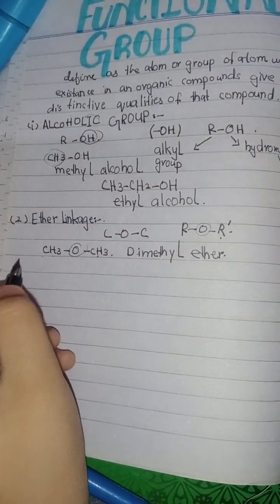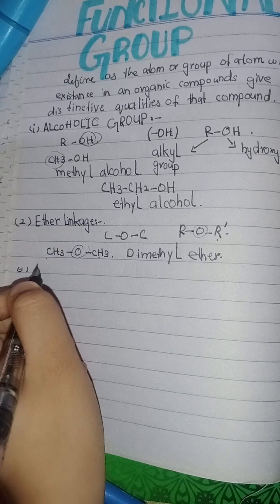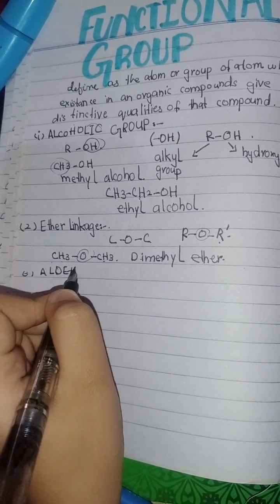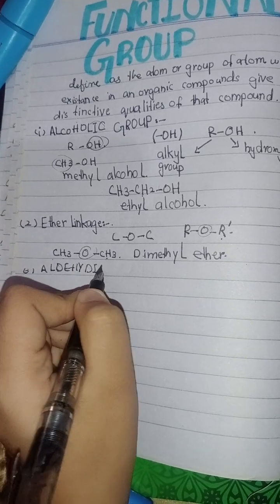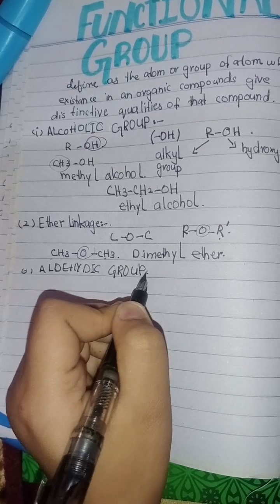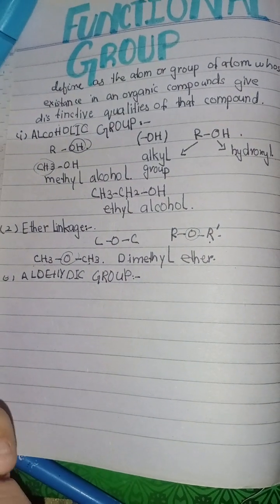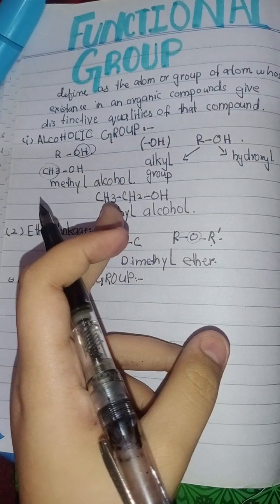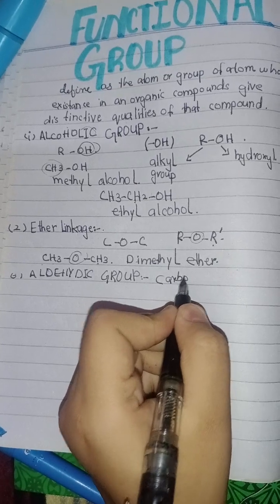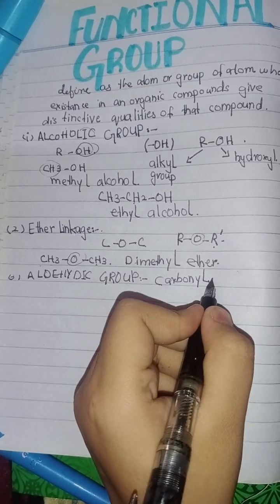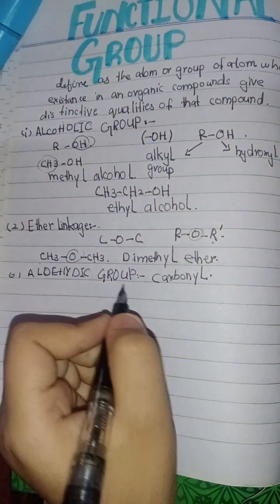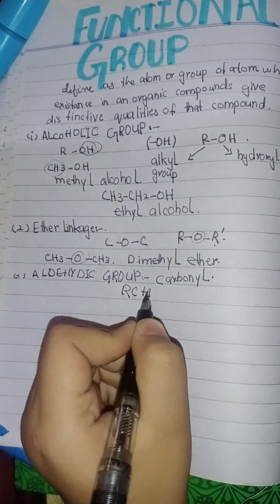Another is aldehydes. The aldehyde group basically contains the functional group which is carbonyl. Carbonyl is the functional group of the aldehyde group, and the general formula is RCHO.